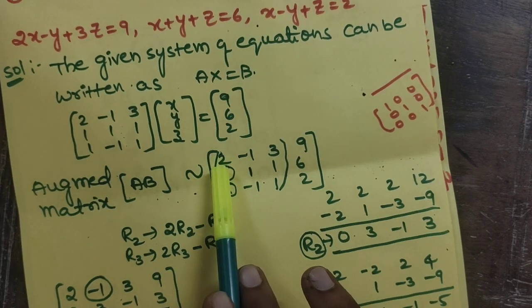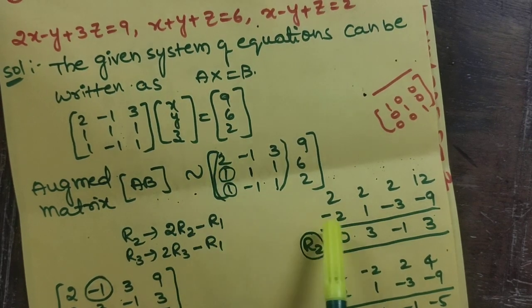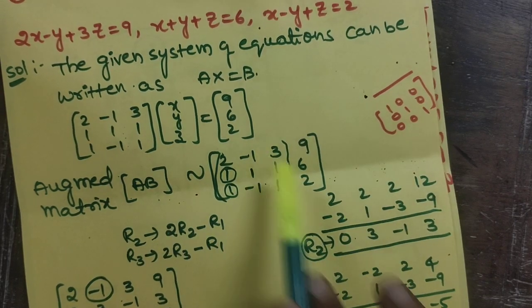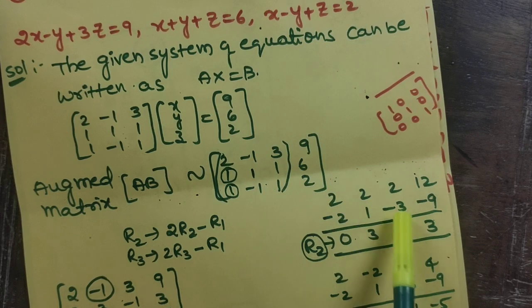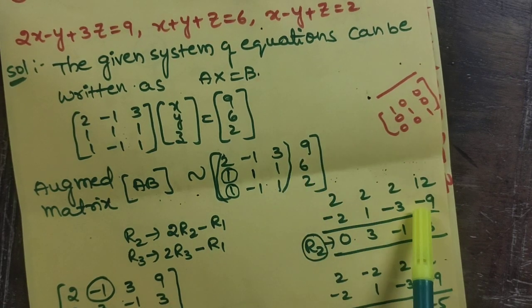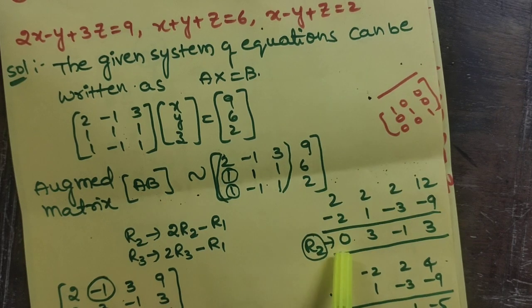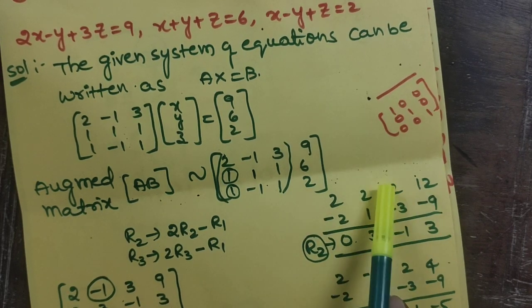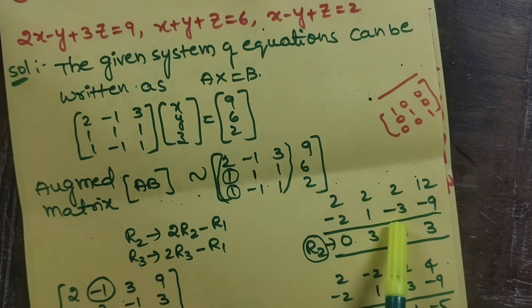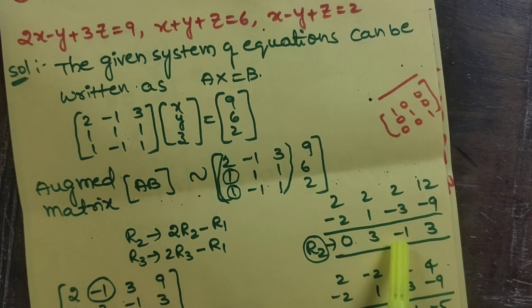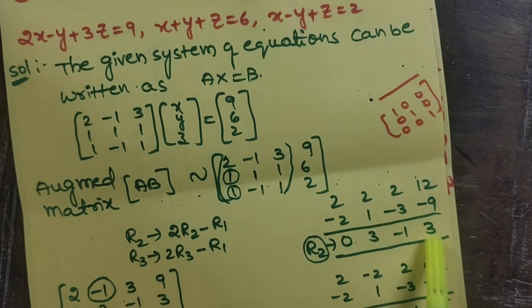Minus into plus is minus 2, minus into minus is plus 1, minus 1 into 3 is minus 3, minus into plus is minus 9. Adding these two: 2 minus 2 is 0, 2 plus 1 is 3, 2 minus 3 is minus 1. The bigger number's sign we should treat, so it has minus. 12 minus 9 is 3.